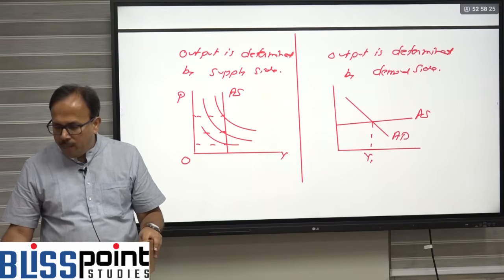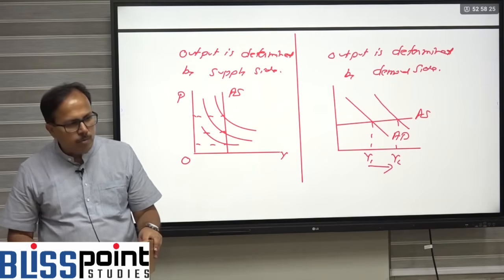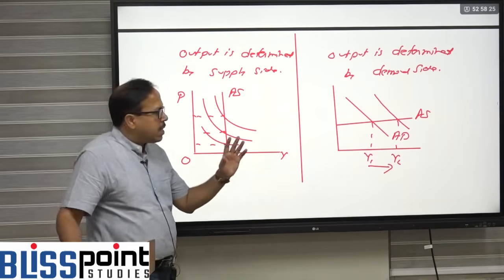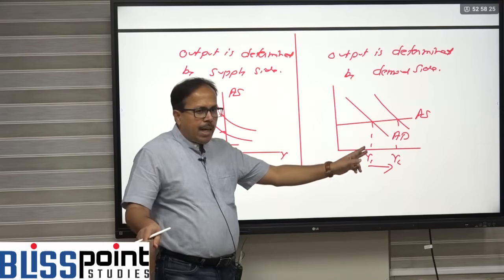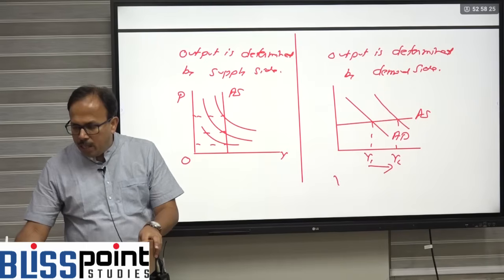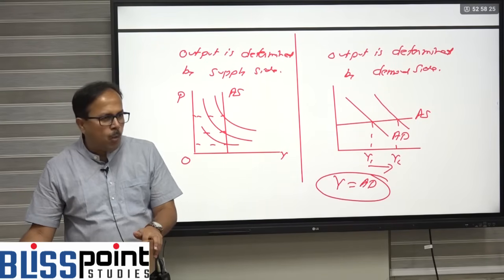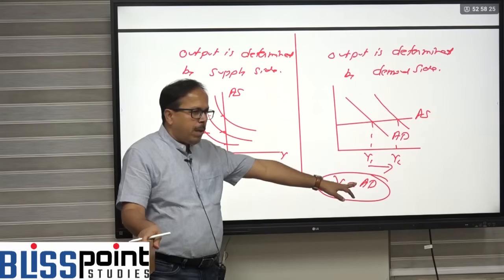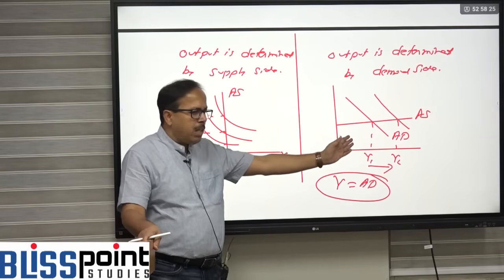Position of AD: if AD increases, output will increase. Keynes के concept में Y की value AD से affect हो रही है, because the Keynesian argument says Y is equal to AD. What determines output? Output gets determined by demand. So if you shift demand, there will be more production.